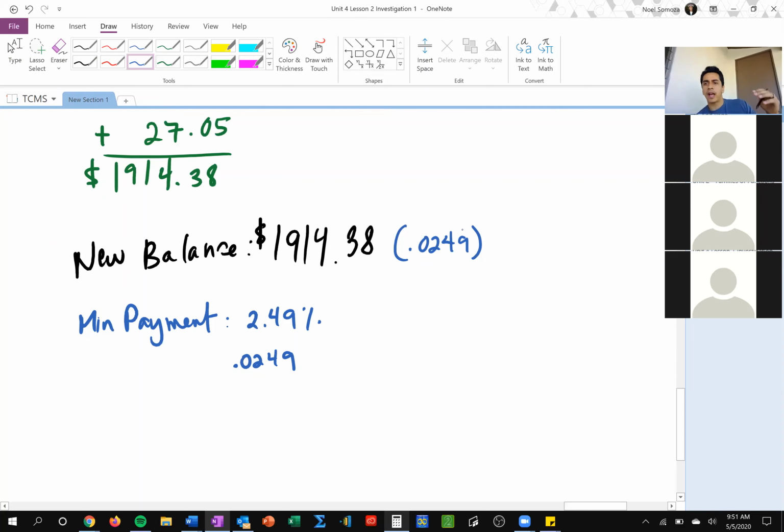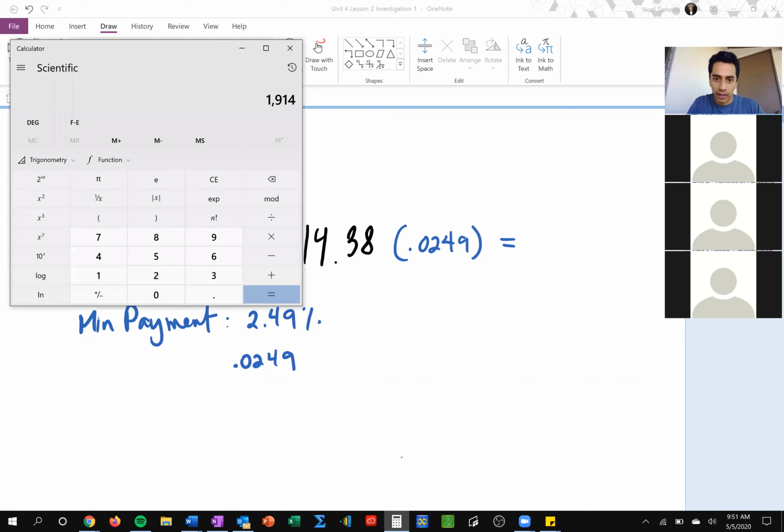That should tell us how much she's going to owe as a minimum payment. So when we multiply through here, we have 1914.38 times 0.0249.